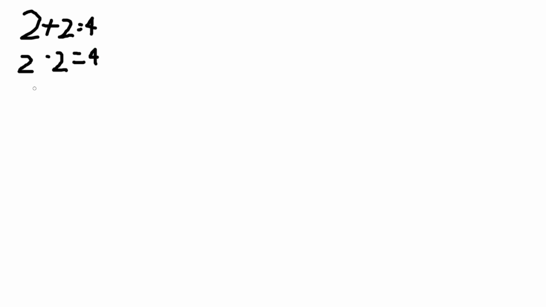Or, as some of you might be more familiar with, squaring. Now, squaring is basically the next step in multiplication, where, again, we're going to use 2 and 3. So this is 2 cubed. And what this means is that we take the 2 and multiply it 3 times.